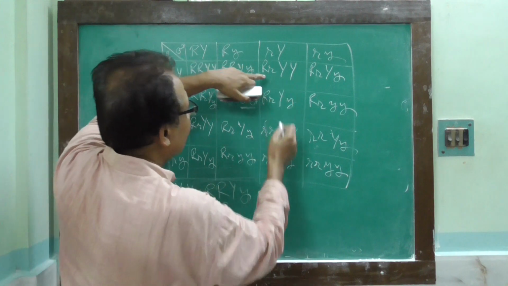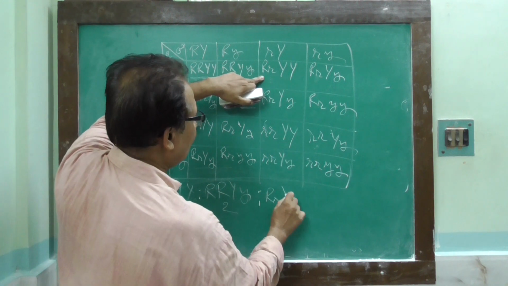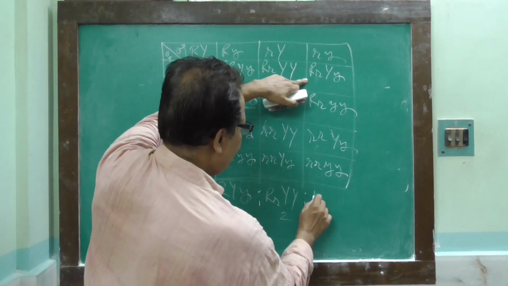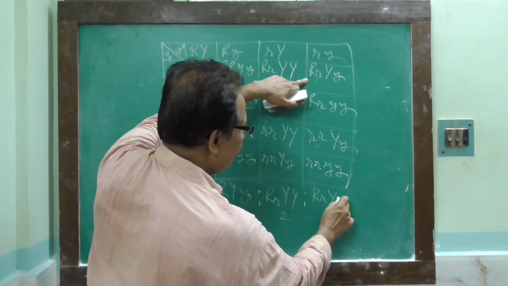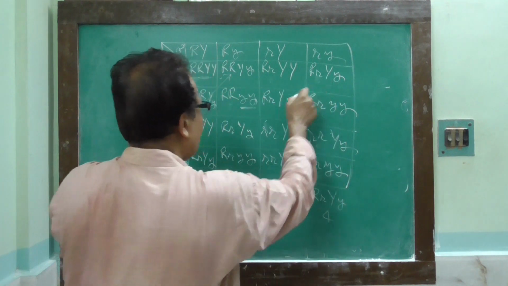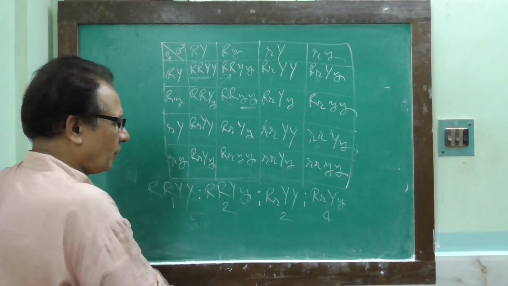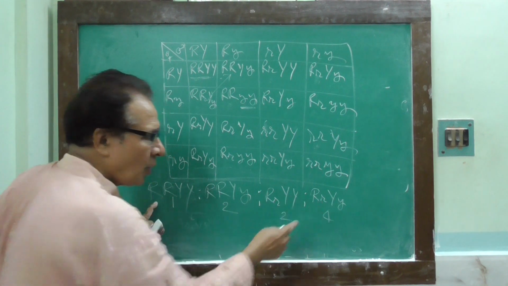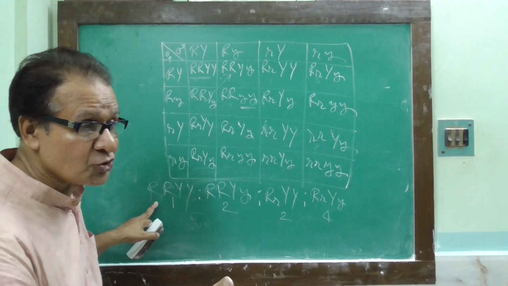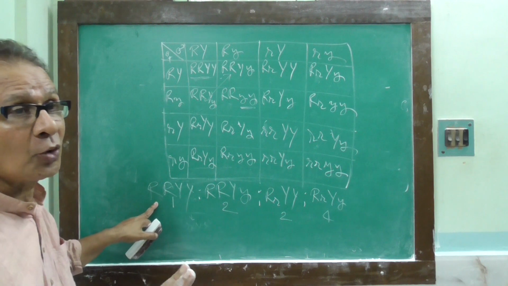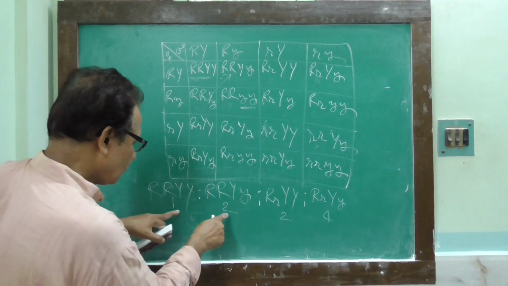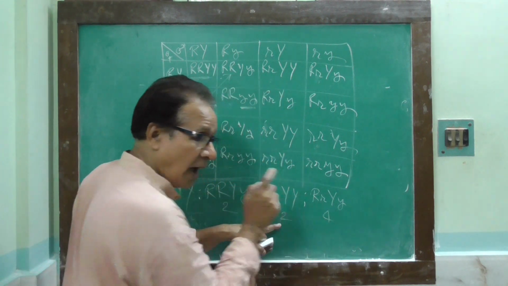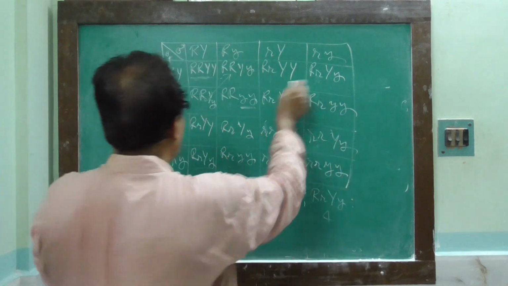Then capital R, small r, capital Y, also 2, and capital R, small r, capital Y, small y, 4. These are the round yellow, and in the phenotypic ratio you say round yellow 9: 1 plus 2, 3 plus 2, 5 plus 4, 9.